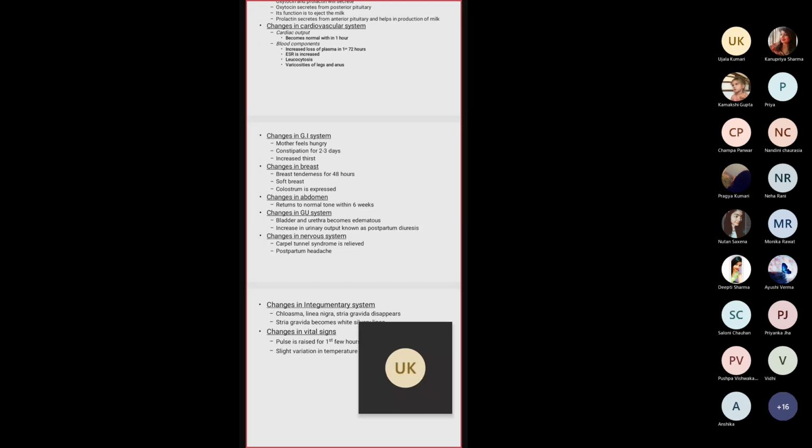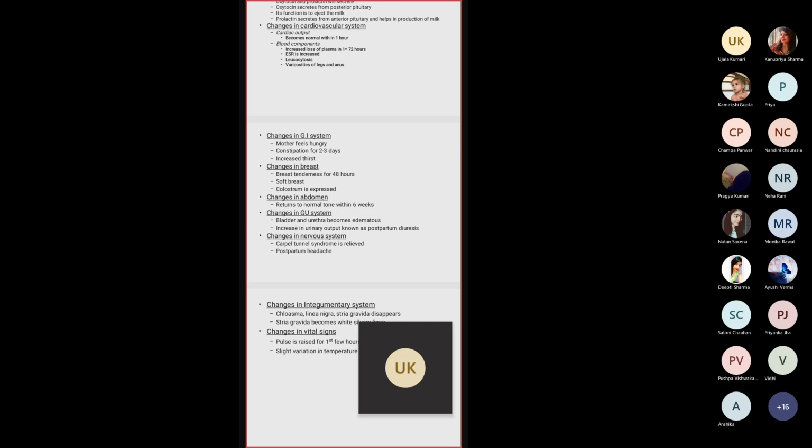Looking at the blood components, there is increased loss of plasma. Plasma loss will be there for the first 72 hours, and the erythrocyte sedimentation rate is increased. Leukocytosis may happen, and varicosities of the legs and anus can also happen for some women.